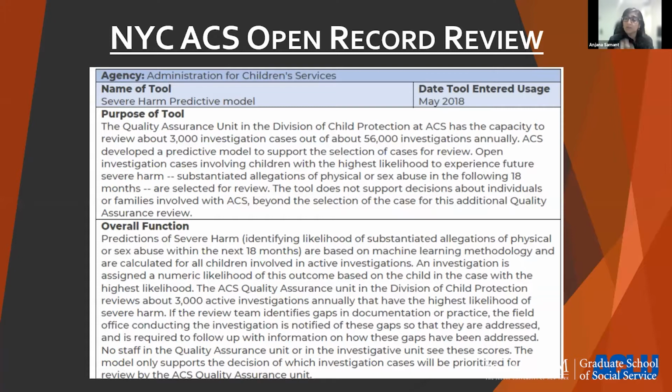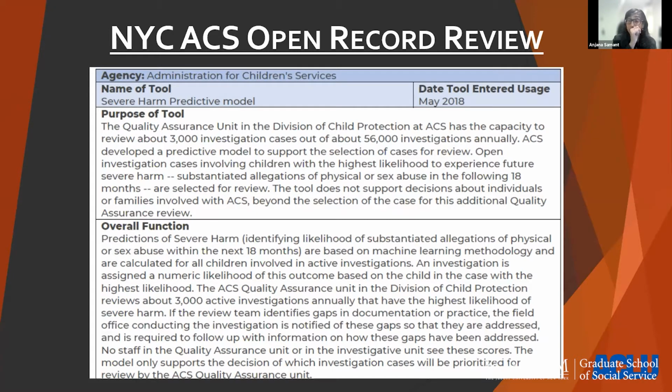I was going to skip over much of what ACS does in the interest of time, but I'll at least talk about one of the two tools that fit our definition. And that is the severe harm predictive model, or what we called open case review. Basically, this tool predicts the odds that a child in an open case will be the subject of substantiated allegations of physical or sexual abuse in the next 18 months.